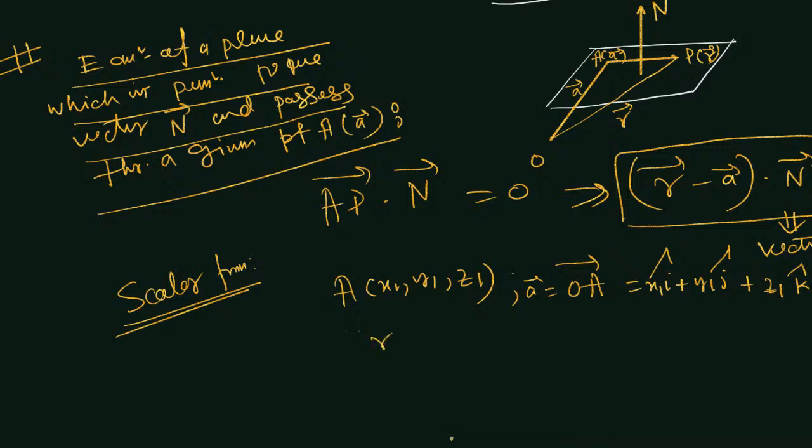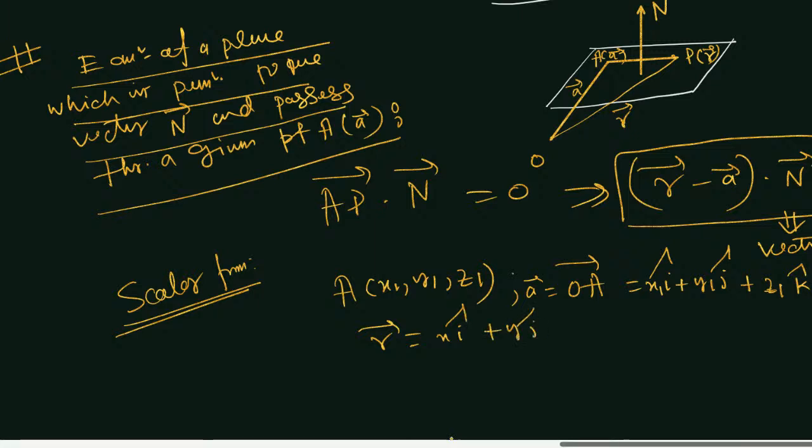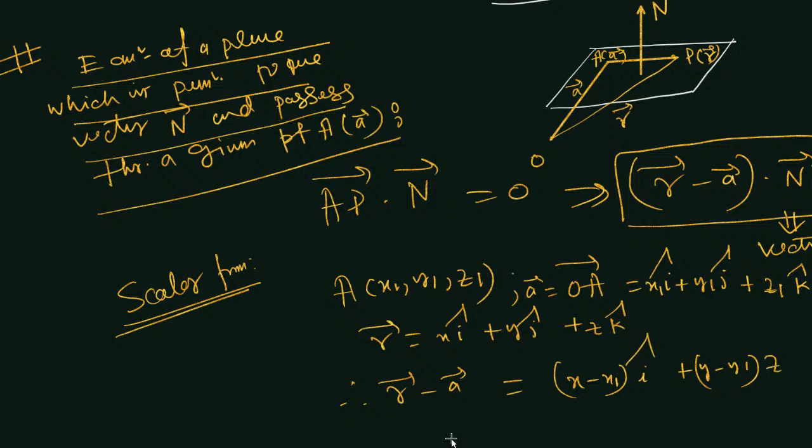The r vector is what? The arbitrary point x, y, z. So r minus a will be what? x minus x1 i, y minus y1 j, plus z minus z1 k.